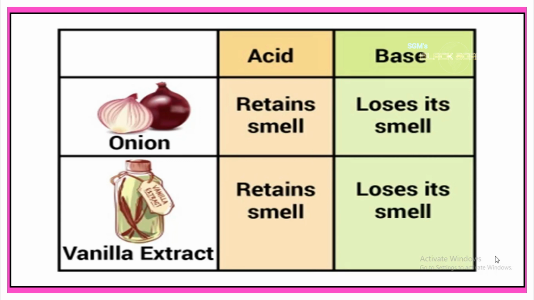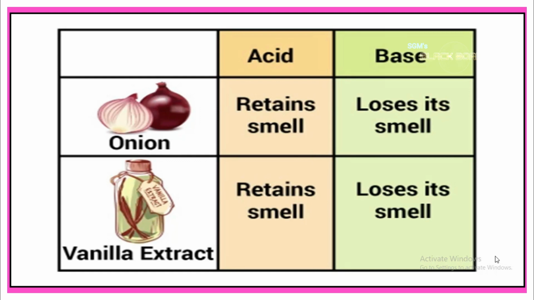When we use onion as an indicator, in acid it retains its smell, in bases it loses its smell. Vanilla essence and clove oil, both of them retain smell in acidic medium, and they lose their smell in basic medium.